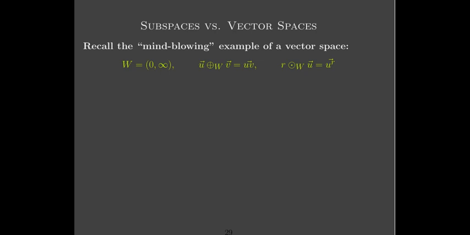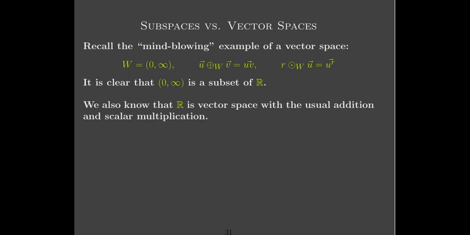Our example would be that mind-blowing one where we had the vector space where the set of vectors were positive real numbers. The way we defined vector addition was to form the product of those two real numbers, and the way we defined scalar multiplication was through exponentiation. In that case, it's pretty clear that the positive real numbers is a subset of the whole real line, and we can also consider the real line as a vector space.